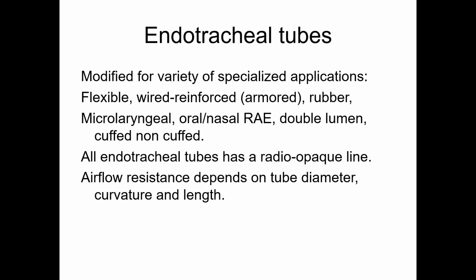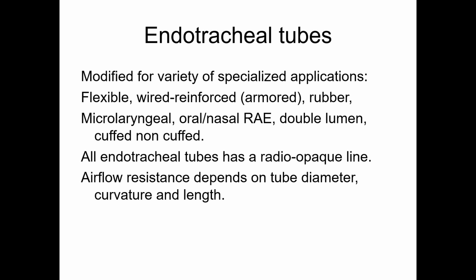There are red rubber tubes, microlaryngeal tubes, oral and nasal RAE tubes, double lumen tubes for thoracic surgery, cuffed tubes, non-cuffed tubes, in different sizes. All endotracheal tubes should have a radio-opaque line if we want to take an X-ray and see if that tube is in its proper site.